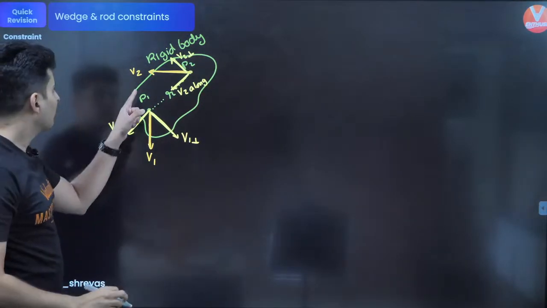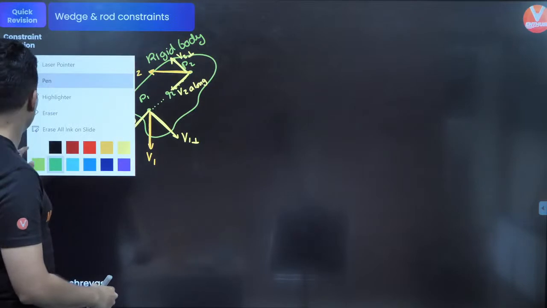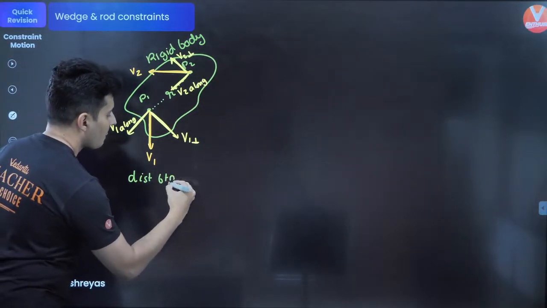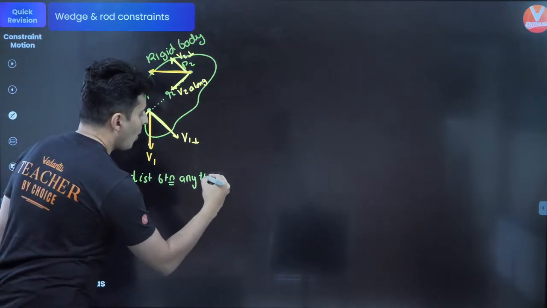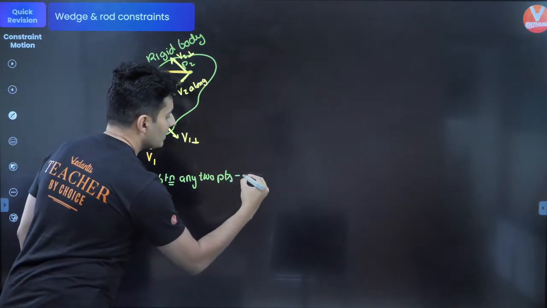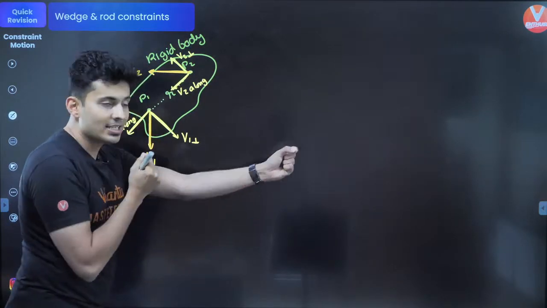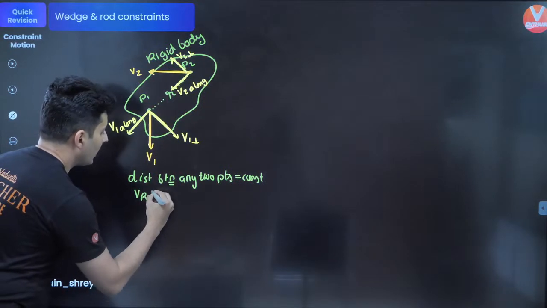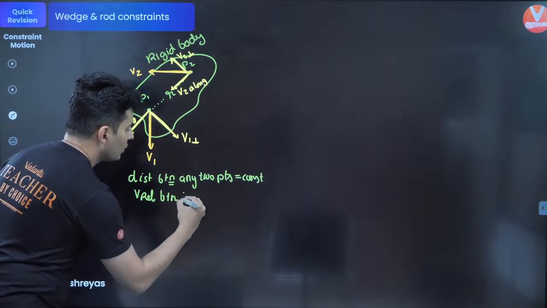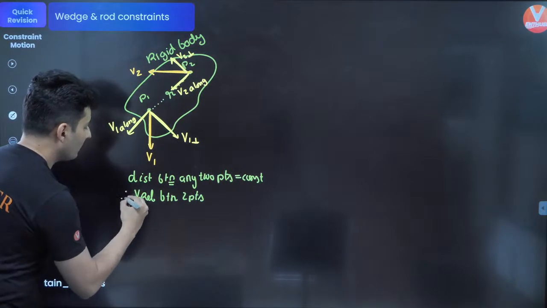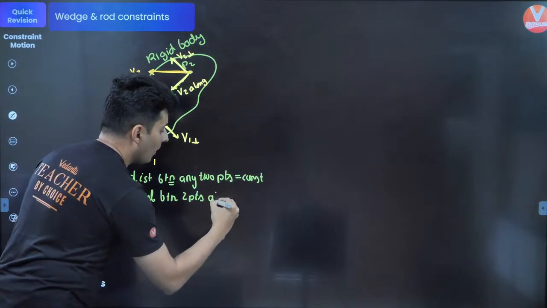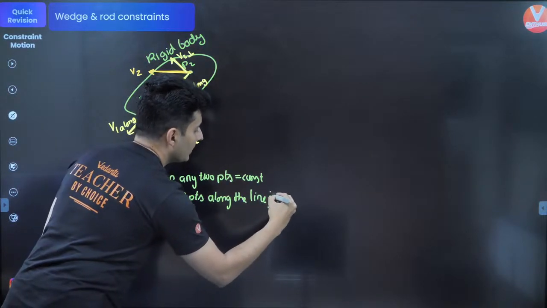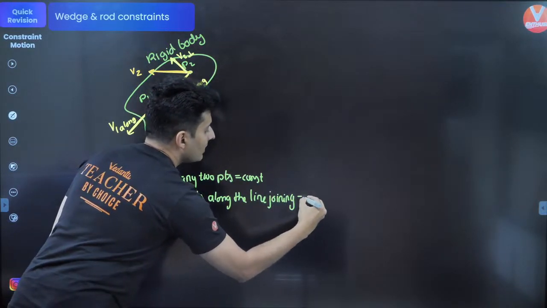Now remember, for any rigid body, the distance between any two points is always going to be the same. It will never change, else it will never be rigid. That means the relative velocity between two points along the line joining them will always be 0.